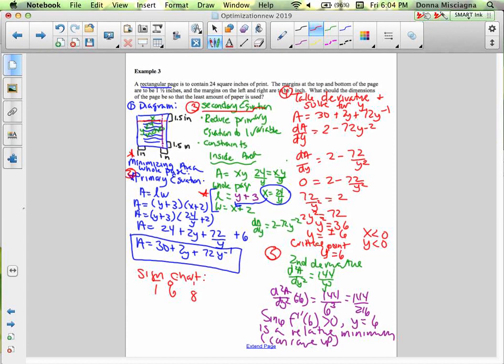This is going to be positive. So same thing. Since f prime of x changes from negative to positive at x equals 6, x equals 6 is a relative minimum.